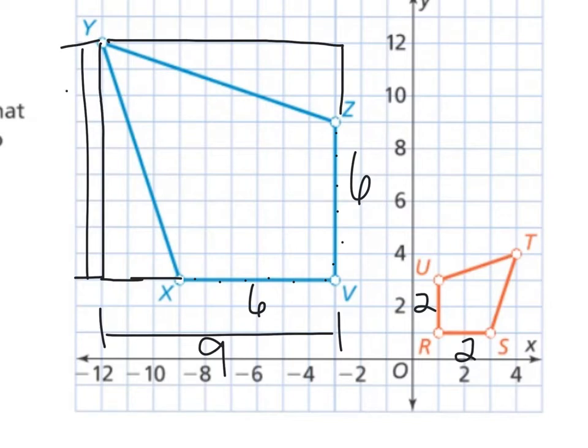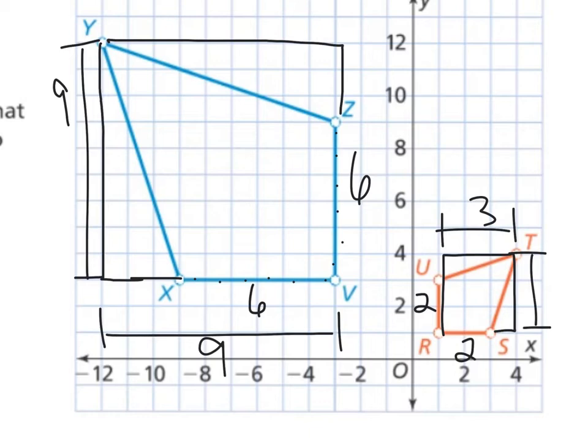And this would be 9. Over here, if we extend this out, this would be 3 and 3. And so you can see with all those numbers, if you multiply the number on the red quadrilateral by 3, that'll get you to the number on the blue quadrilateral.